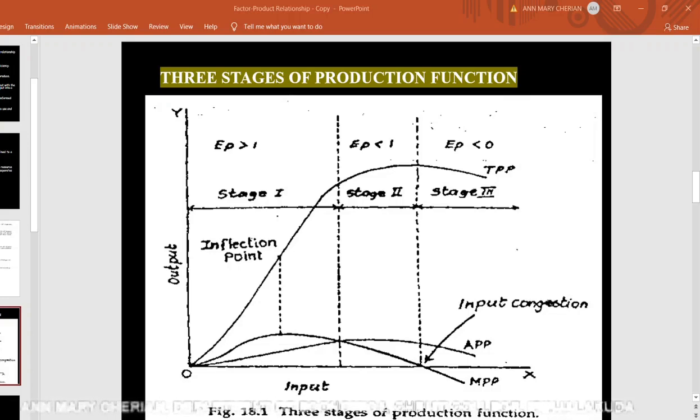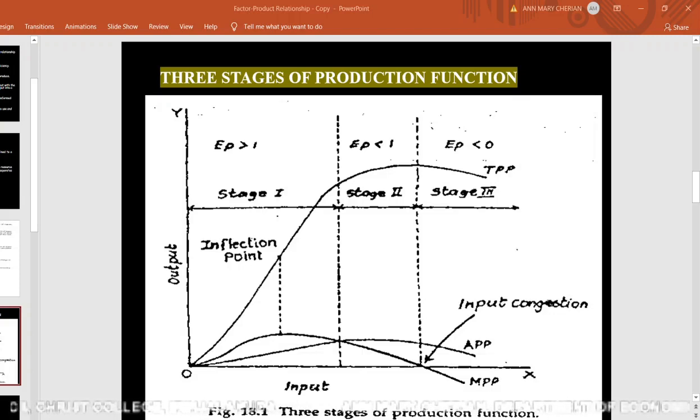This stage is considered the rational stage of production because MPP is reaching towards 0, and at this particular point, production is efficient. So stage 2 is the rational stage of production.